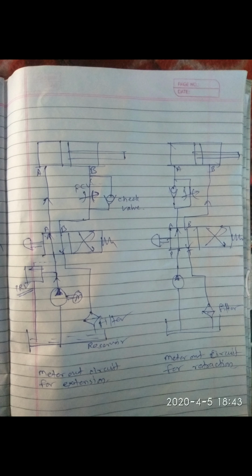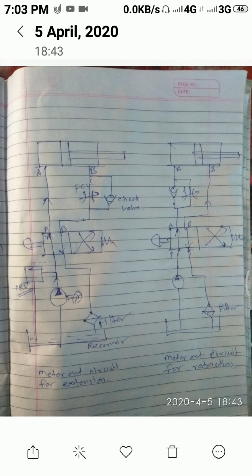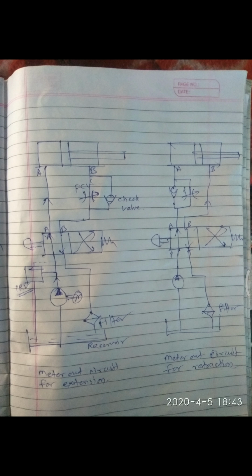So P is connected to B, and this supply from B is pushing the piston towards the leftward side, and the fluid which is present now has two ways. Here the check valve is in the closed condition, so all the fluid is flowing through the flow control valve. So for the retraction, the outlet quantity is metered, so it is the meter out circuit for the retraction. So this is the meter out circuit for the extension and the meter out circuit for the retraction.